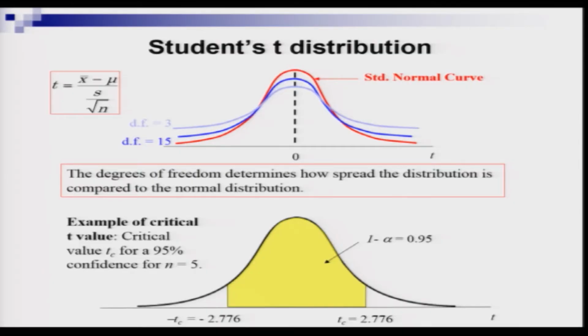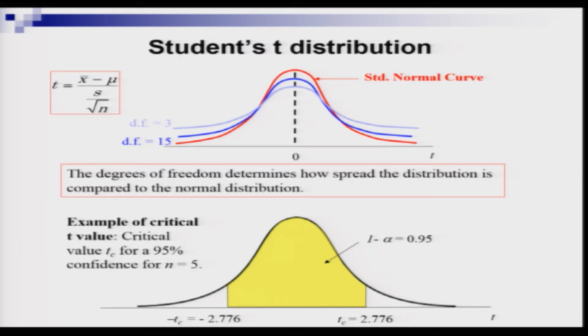Now, we are going to look at the picture of the student's t curve and the standard normal curve, and we are also going to draw some conclusions based on these curves. First, let us look at the diagram in the upper part of the slide. Here I am showing you the famous standard normal curve using this red colored bell shaped curve, and as we all know, for the standard normal the mean is 0, so this is centered at 0.